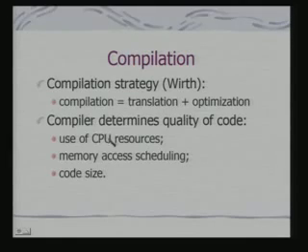Because if I can use CPU resources optimally, I am not accessing memory, because one of the most important CPU resources are registers. If I am using registers optimally, I can minimize on memory access. The moment I minimize on memory access, my execution time improves.